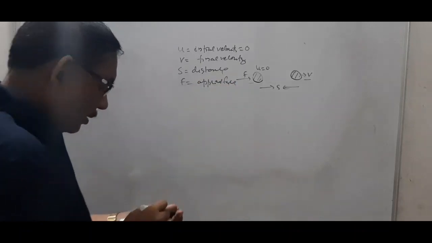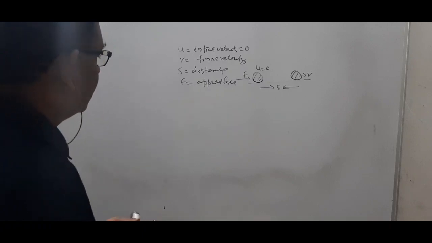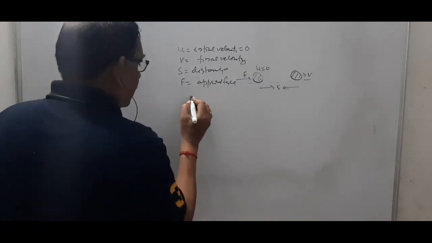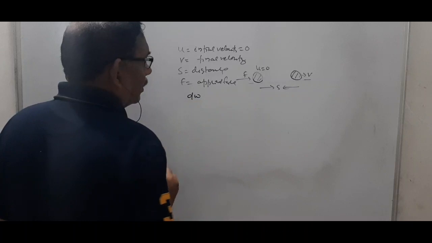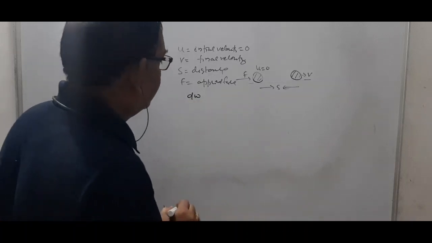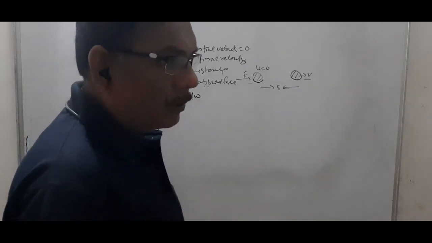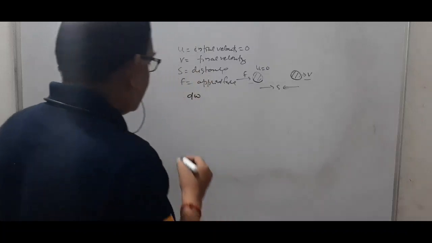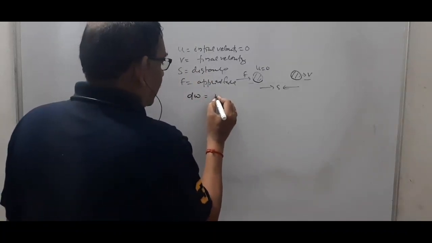Now dW is a small work done when the body covers a small displacement ds. So it is F ds.